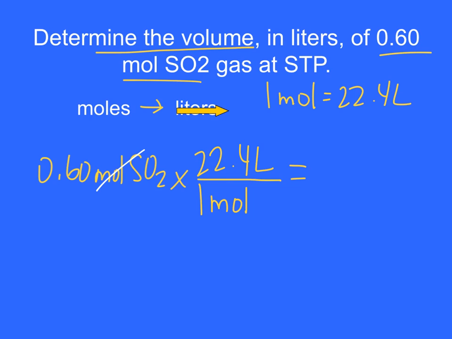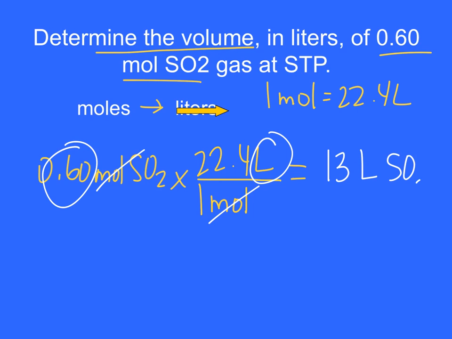You can see that the moles will cancel, and that will give us our answer in liters. Then we just multiply because the number's on top, and we want to round our answer to only 2 sig figs. In the end, you should get 13 liters of SO2. You should practice putting that into your calculator all by yourself.